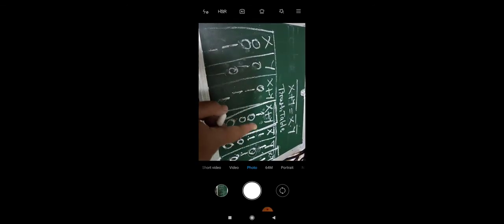So here I have solved this problem, where I have proved De Morgan's first law, where we have taken the x values 0 0, 0 1, 1 0, 1 1. Then we have done x plus y, that is 0, then 1 1 1. Then we have taken the x plus y complement, so 1 0 0 0 should be there.